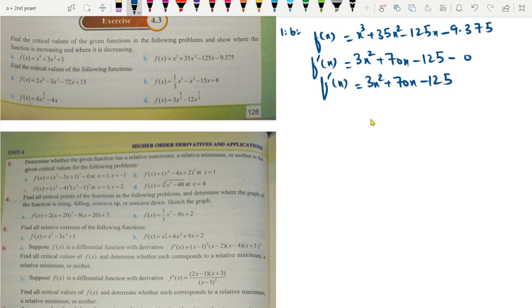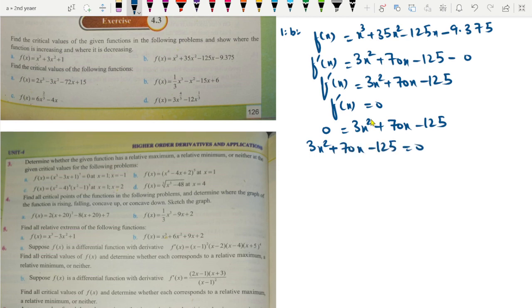For critical points, put f prime of x equal to 0. So this becomes 3x square plus 70x minus 125. We will factorize this quadratic equation. Multiply the first and last coefficients and you get minus 375, which splits as 75 into 5.